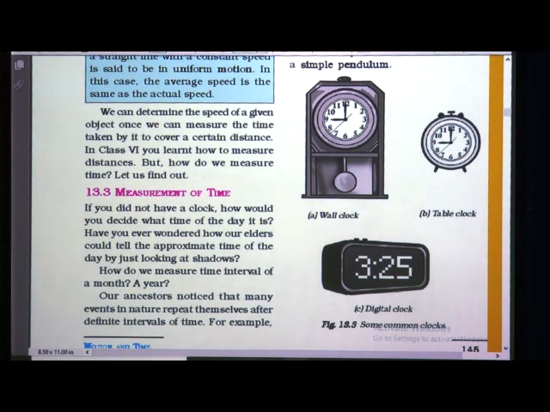Have you ever wondered how our elders could tell the approximate time of the day by just looking at the shadows? Our elders would look at the shadows and tell us what the exact time was. Whenever the sun is in the sky at 12 o'clock in the afternoon, the shadow is exactly below the object, any object.